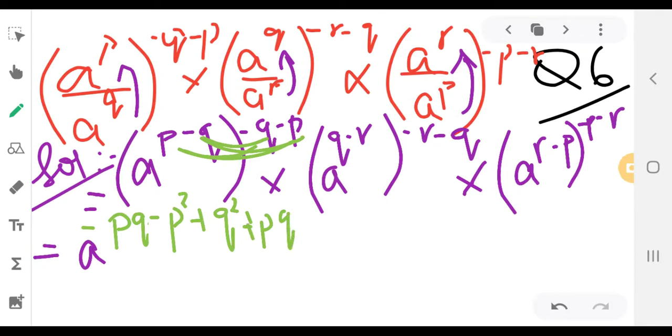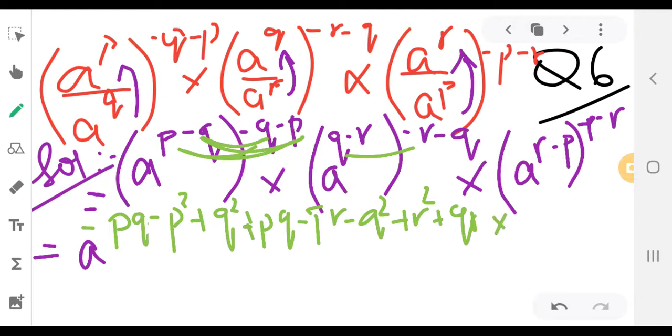As in all the brackets the bases are same, that is a, so we can consider only one single a. I'm skipping one step over here, otherwise you can add on that step as well. Then q with r, minus qr, plus q square, plus r square, minus qr.